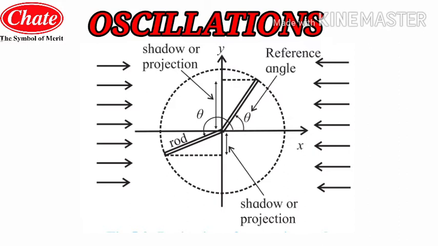Further, students, with the help of this arrangement, the real rod and its projection over the y-axis, the circular motion of the rod and the projection of the tip of the rod over the y-axis will be proportionate.